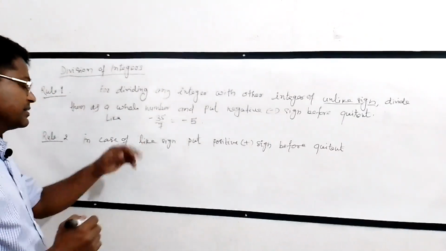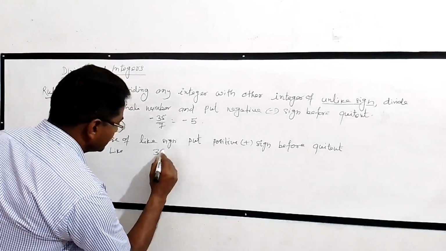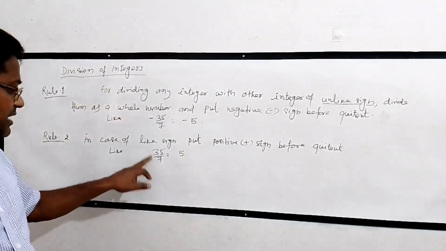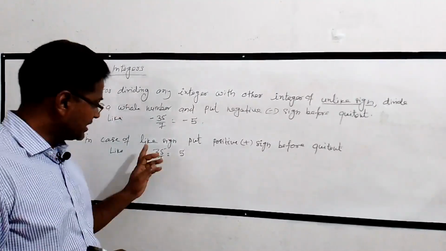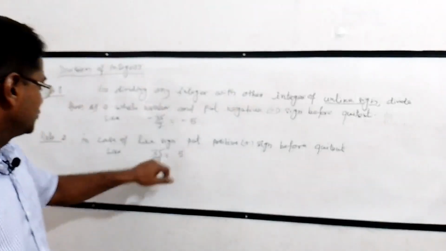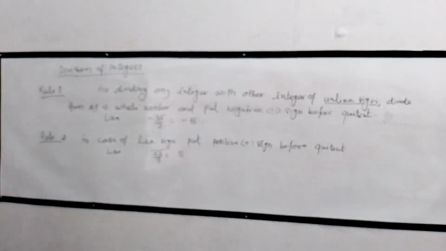If you take the same example, you will find that 35 by 7 is equal to 5. Here both the integers are positive, so if you divide 35 by 7, you will get 5. So here it is positive. So these are the two rules of dividing any integers.